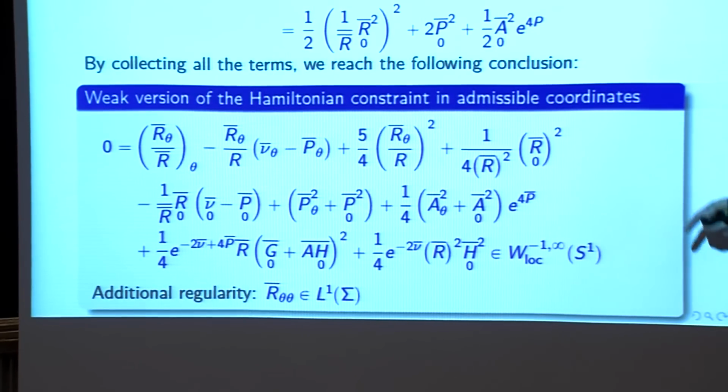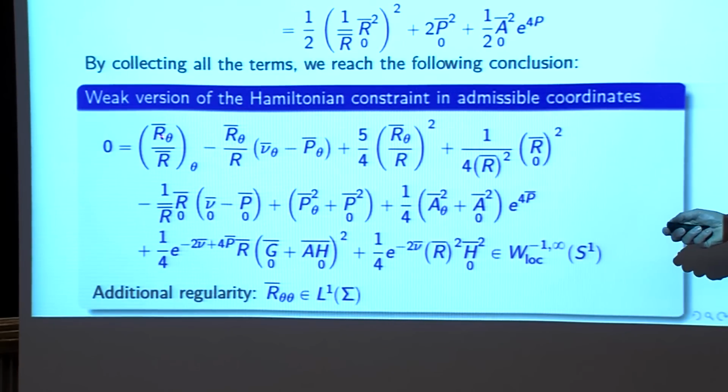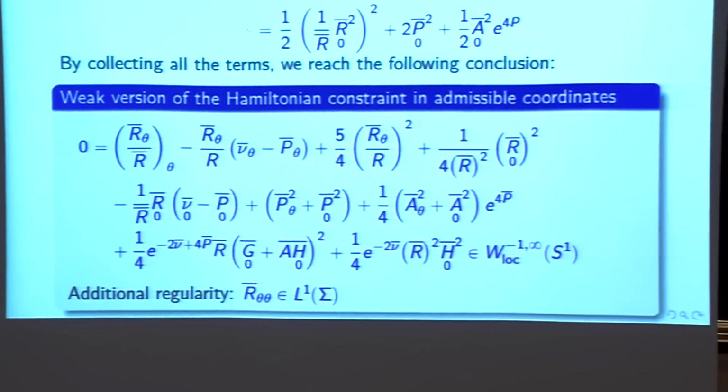So if you look carefully, you realize that this whole quantity is nothing more than being L1, but only one term contains two derivatives. So what I want to conclude, in addition to having this first Einstein equation, is that the theta derivative of the area is in fact more regular than what we expected, right?